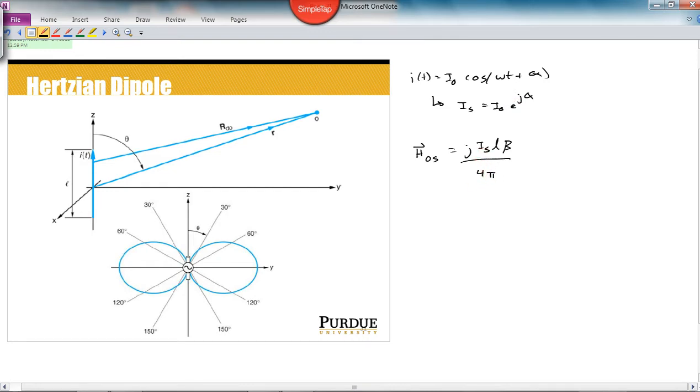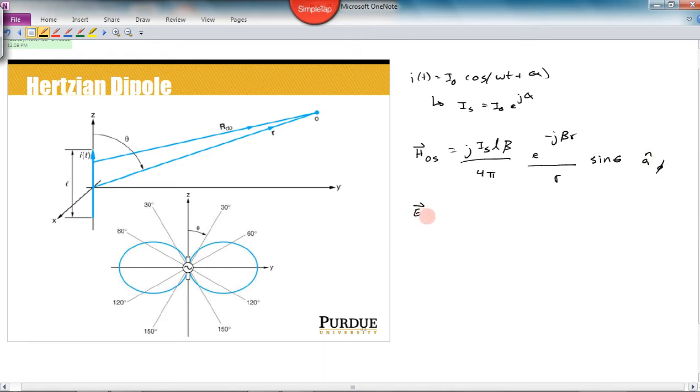We divide that by 4 pi, multiply by e to the minus j beta r, where r is the distance from the center of the radiating element to the point in space where we're measuring the field strength, divide all that by r, then multiply by sine theta, in the a hat phi direction.